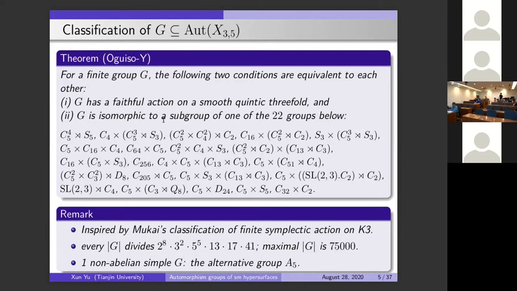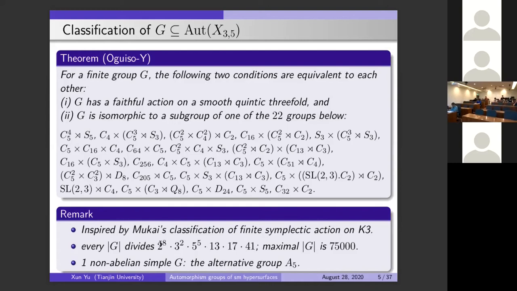This classification is inspired by Mukai's classification of finite groups of symmetric actions on K3 surfaces. In our case here, for the finite group G in the quintic case, the order always divides this big number.